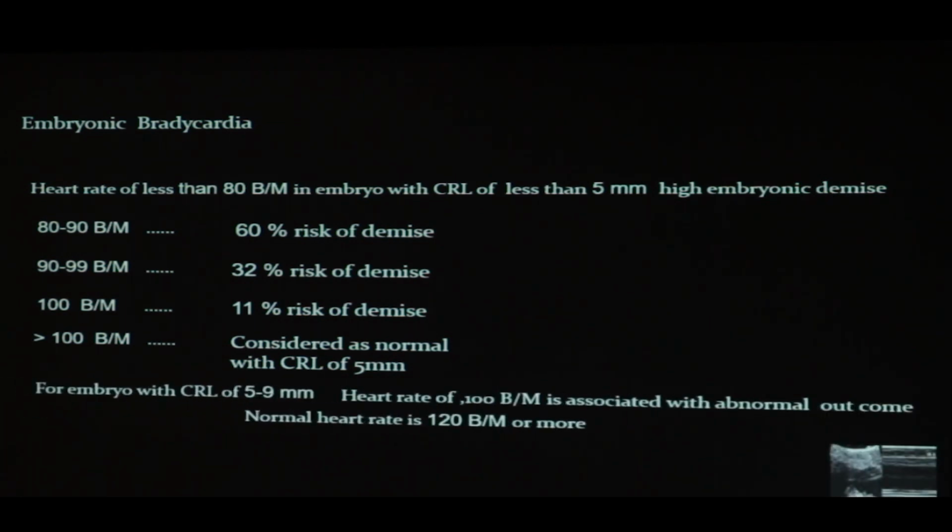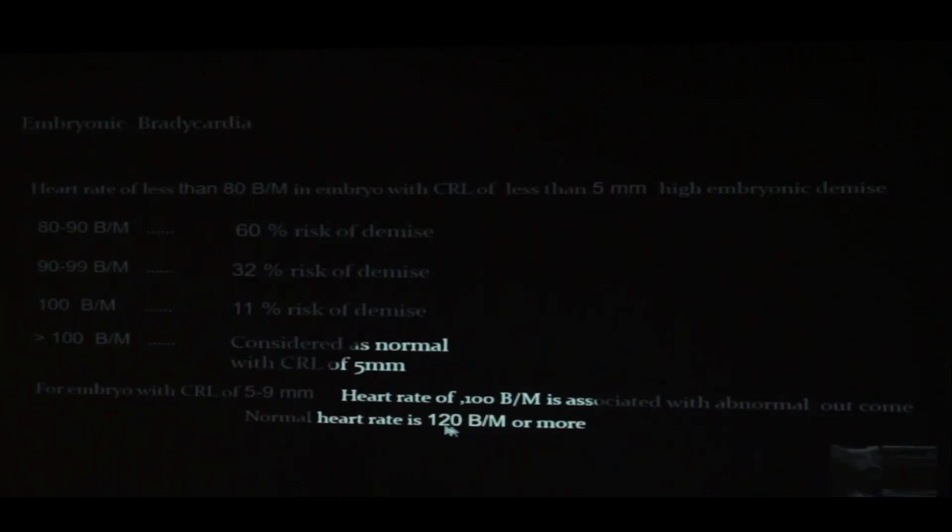Now the CRL is not 5. If the CRL is from 5 to 9, a heart rate of 100 is abnormal. Even 105 and 110 is abnormal. So with a CRL of 5 to 9, the heart rate should be 120 and above.